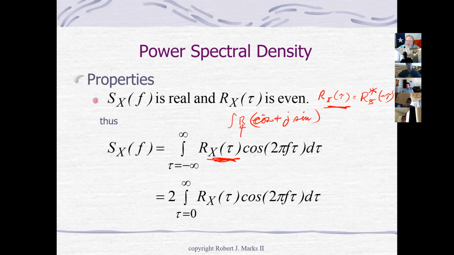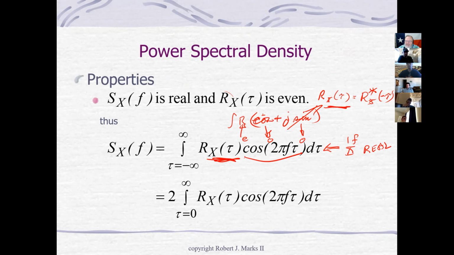This is going to be even. This is going to be odd. I think we did this last time. And even times odd is odd, and it's going to integrate out to 0. So therefore, we can take the real part under the assumption that it is real. If x is real, then instead of the e to the j, we can just do the cosine.